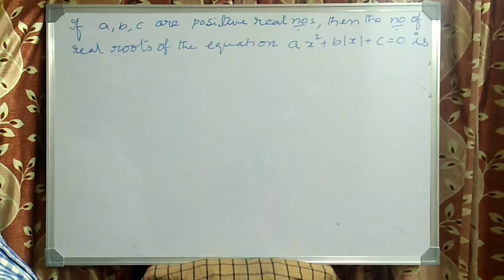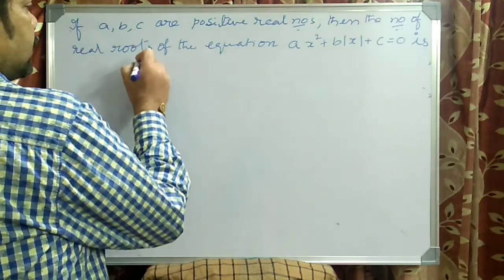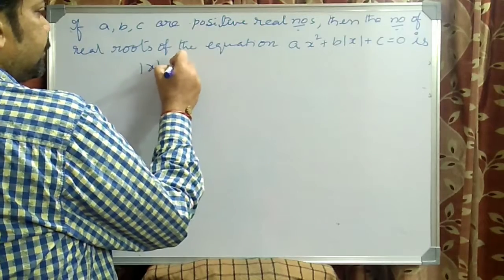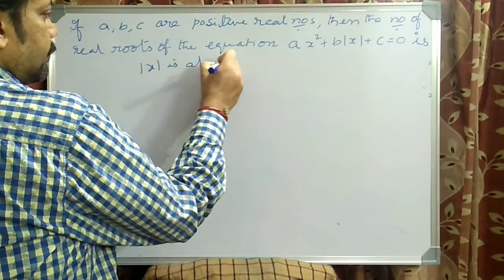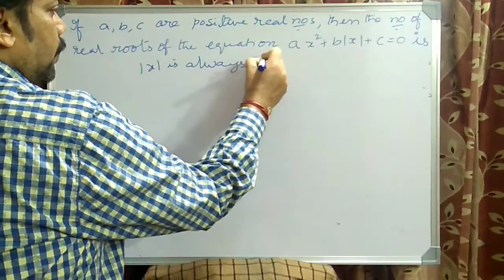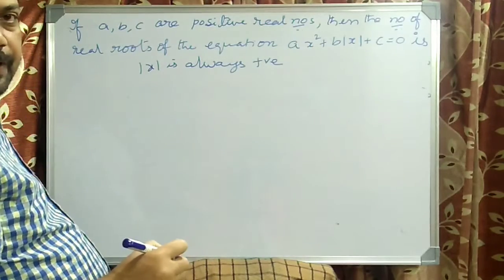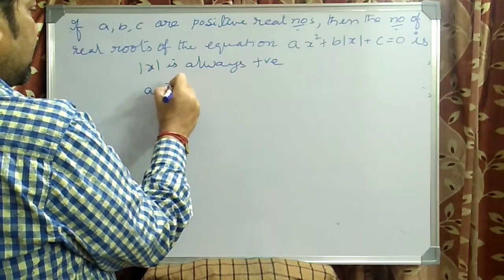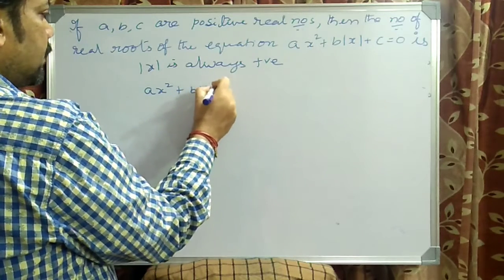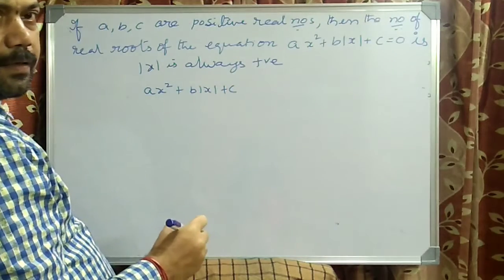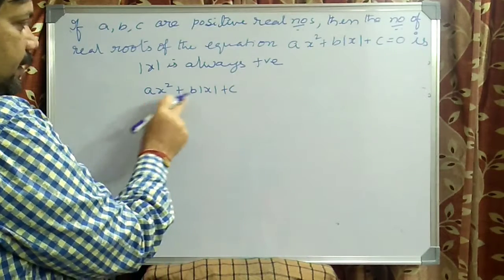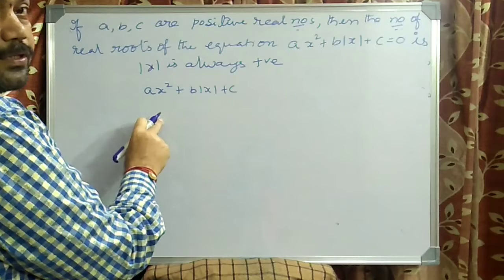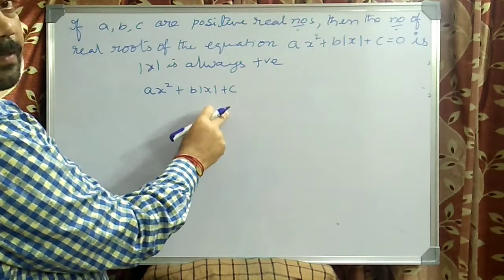So you can see that mod x is always positive. So totally, ax square plus b mod x plus c, considering even x equal to 0, c must be positive.